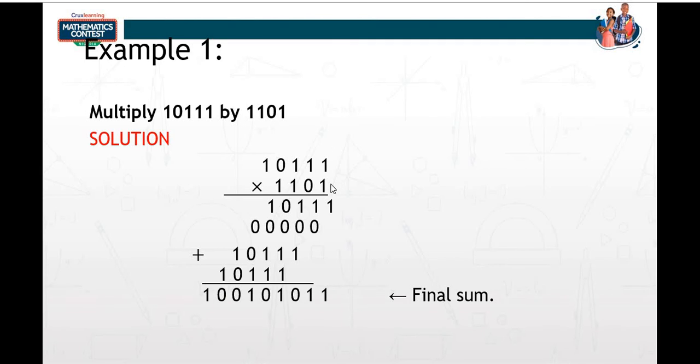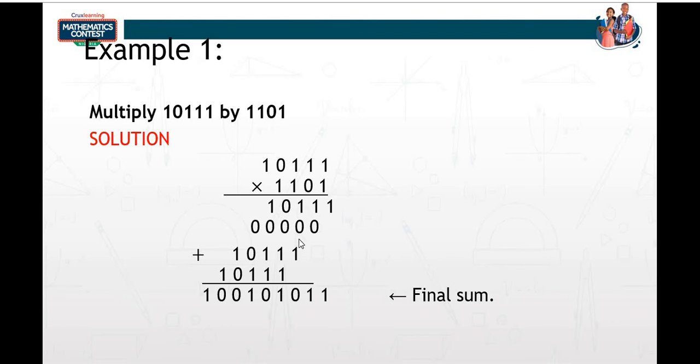Don't rush. So you start by multiplying. Every digit here will multiply this first digit. So 1 multiply, you have the first one. The same way you do it when you're multiplying in base 10. 0 multiply, you have all zeros here. 1 again will multiply, you have it here. This 1 again will multiply, you have. When you are done, you add one after the other.